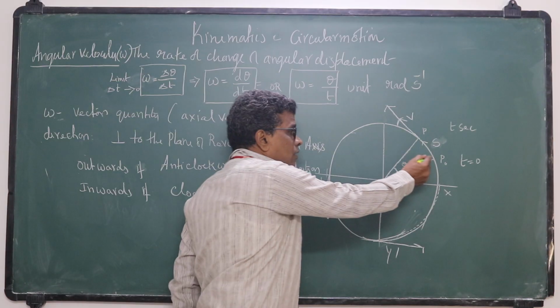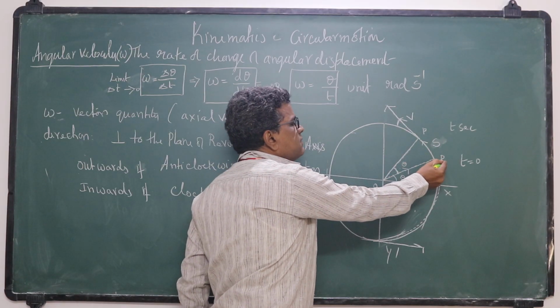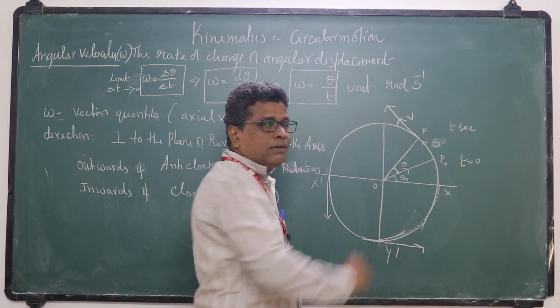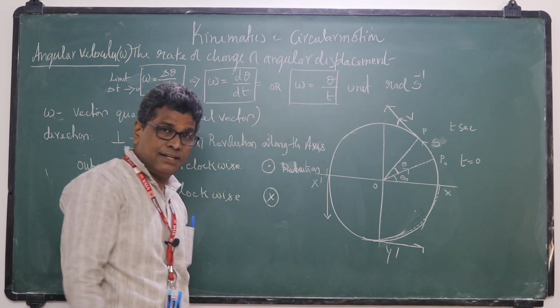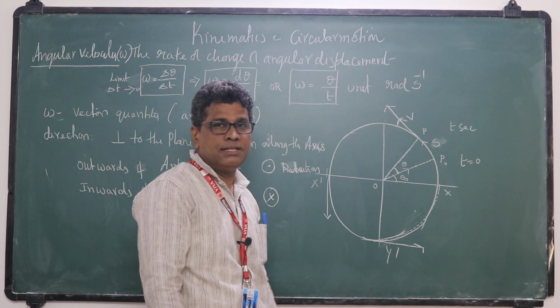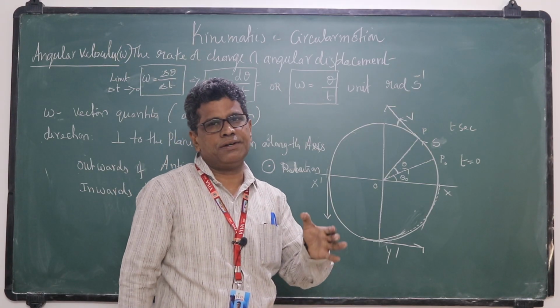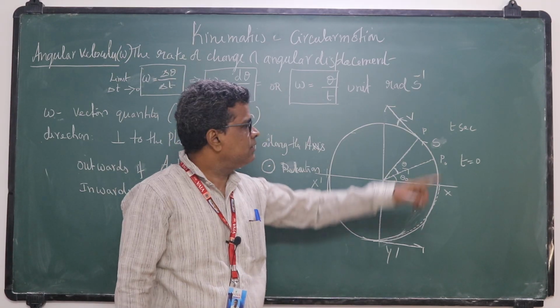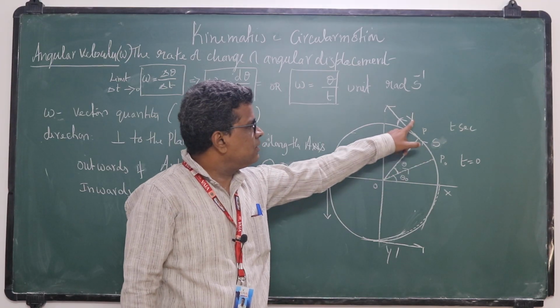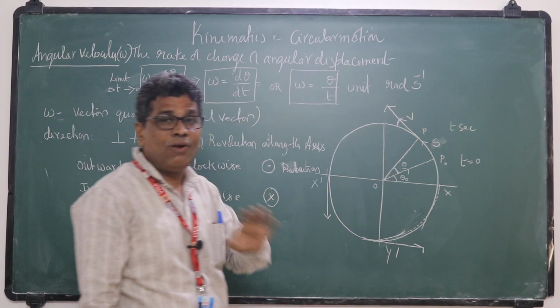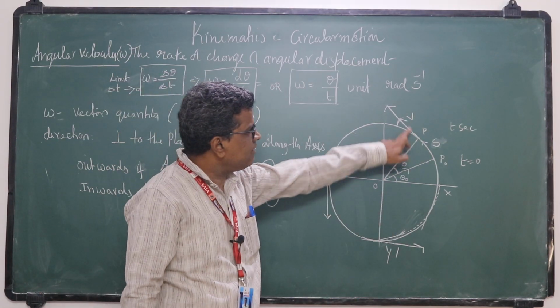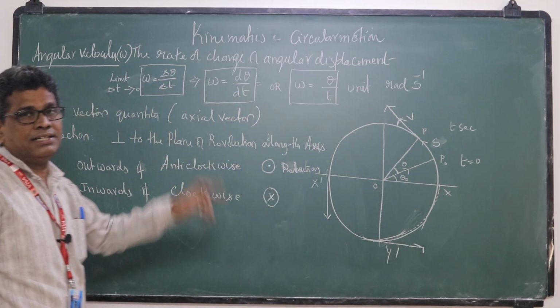Now, as the particle moves from P0 to P, it has linear velocity. What is the magnitude of linear velocity? It is the magnitude of speed. What is its direction? It is along the tangent. I want to relate this linear velocity and the angular velocity.